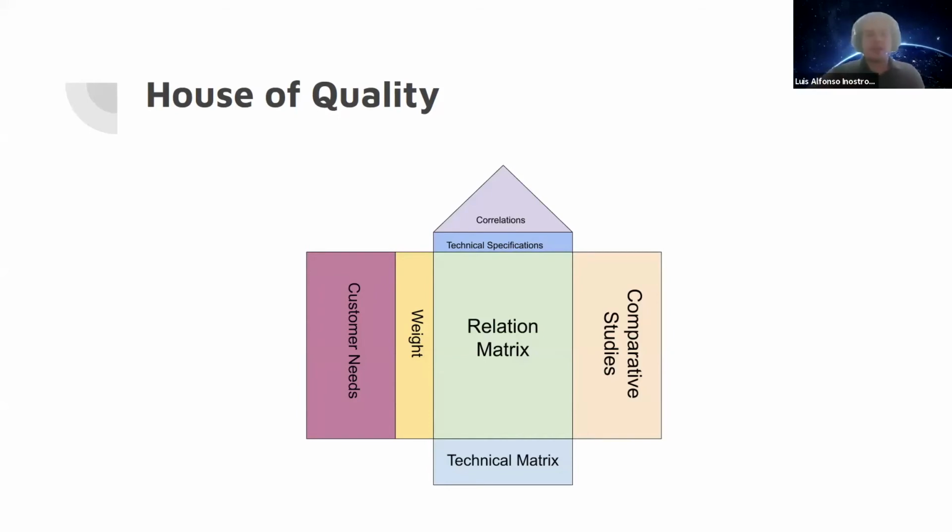If we want to be ahead of them or behind them in some needs. Then correlations allow us to know how some specifications may affect others, and the technical matrix will allow us to say which of the technical specifications is more important than others.